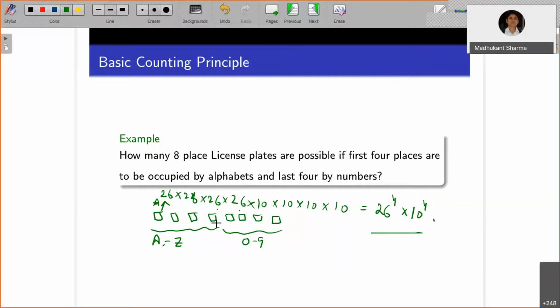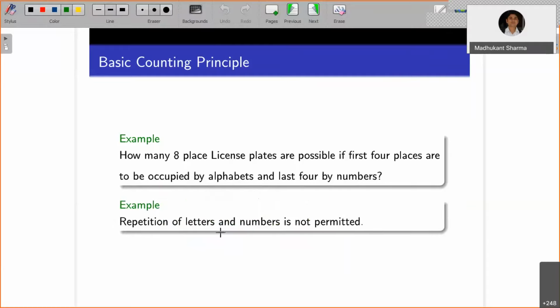Suppose it is given to you that repetition of letters and numbers is not permitted. Then the first place has 26 choices, the second place has now 25, the third place has 24, and 23, right? Because repetition of letters is not allowed. If A is used here, A cannot be used again, so only 25 remain.